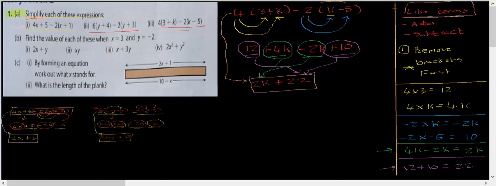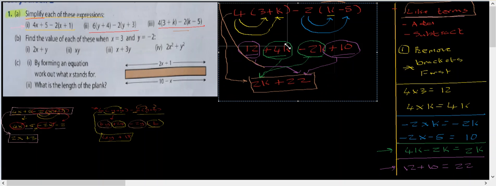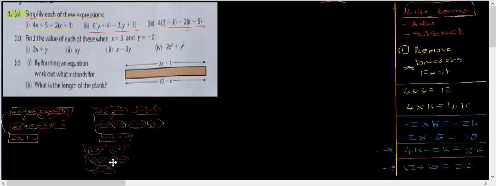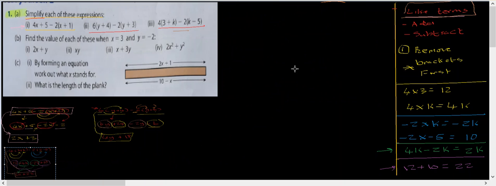Okay, so let's continue on, and let's just remove this. I'll just put this down here out of the way. And let's remove all this.